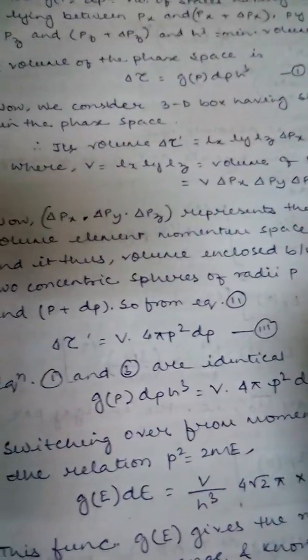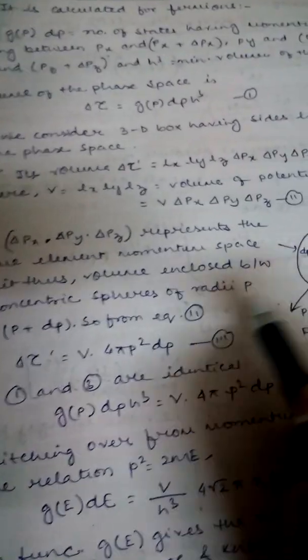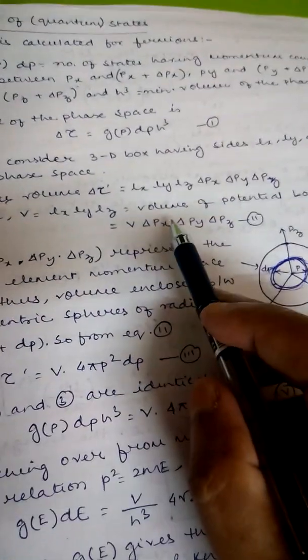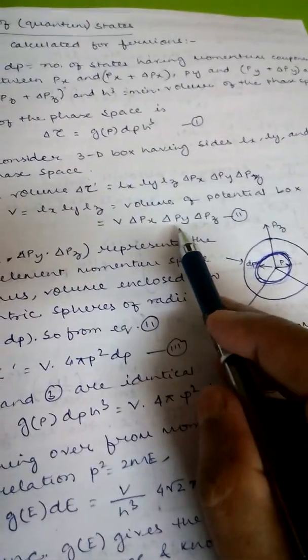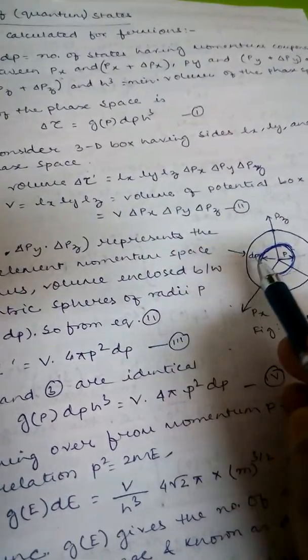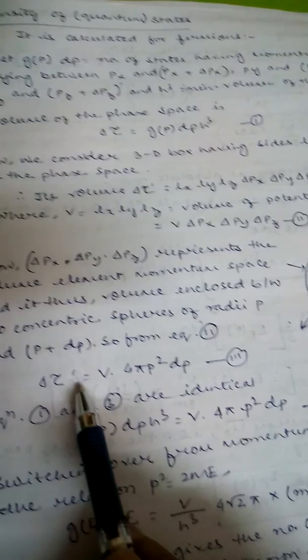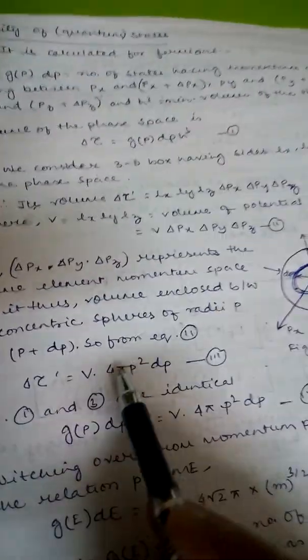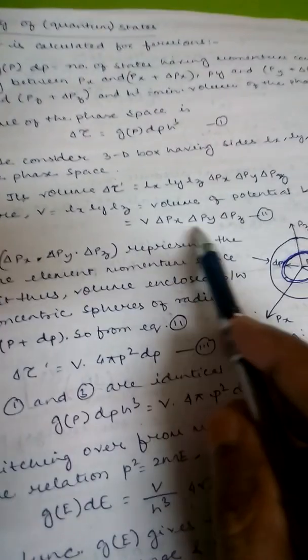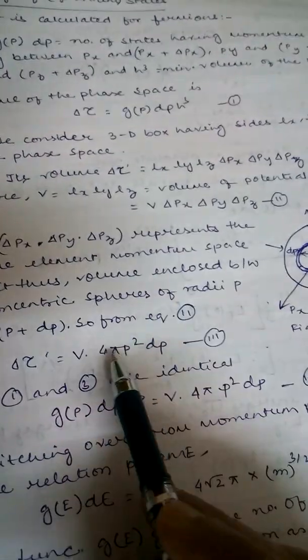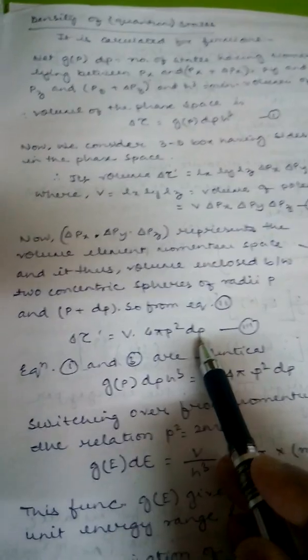Okay, so delta Px, delta Py and delta Pz is nothing but 4 pi p square into dp. So this volume may be written as V, meaning Lx, Ly, Lz, and in place of delta Px, delta Py, delta Pz, we can put 4 pi p square into dp.